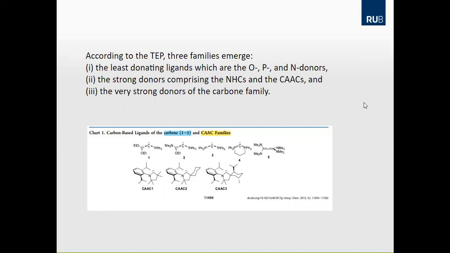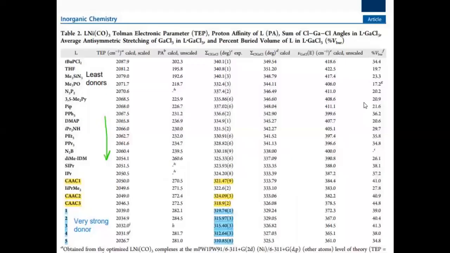Then later they analyzed these ligands based on TEP and gallium chloride, and they compiled this data. It can be seen from this data that at the top are the least donors, and when we come down, these are the medium donors, and these are the very strong donors.